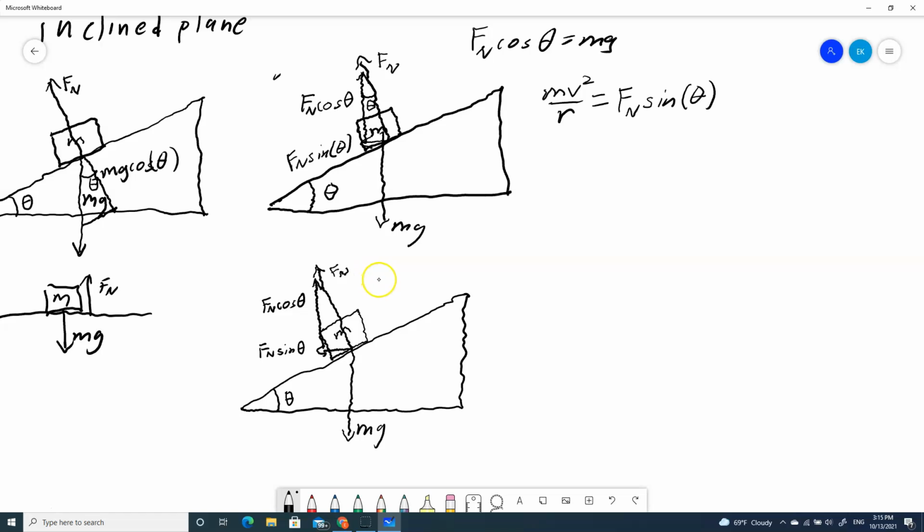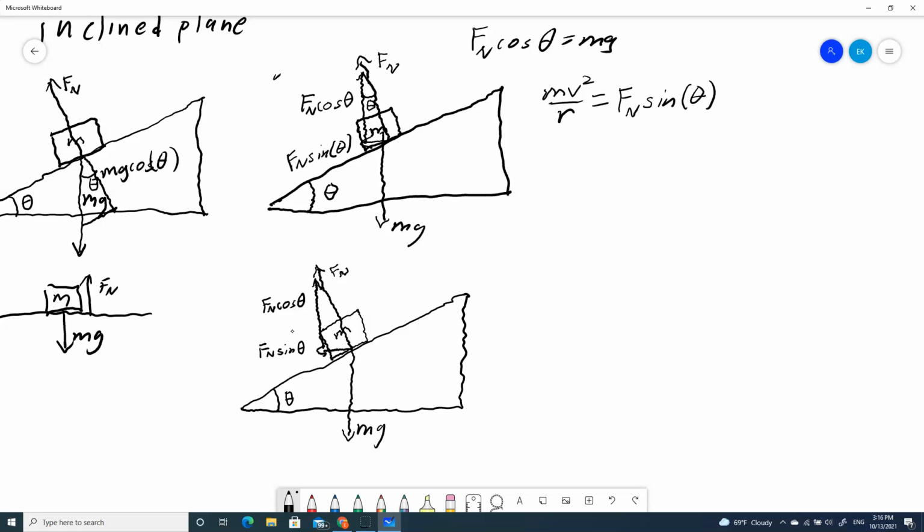It's no longer enough to oppose mv squared over r. So it's no longer providing the centripetal force of mv squared over r that's necessary to keep the object from sliding up. And now the inertial tendency of the object, there's not some force that's causing it to slide up, it's just an inertial tendency to escape. Now the object slides up because F_N sine theta is less than mv squared over r in certain situations.